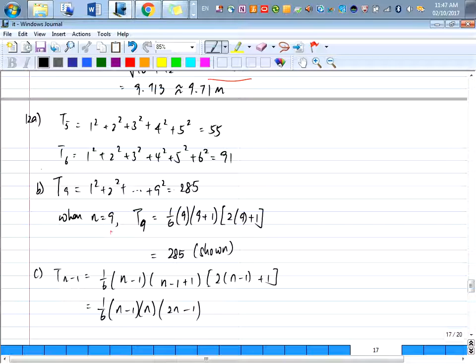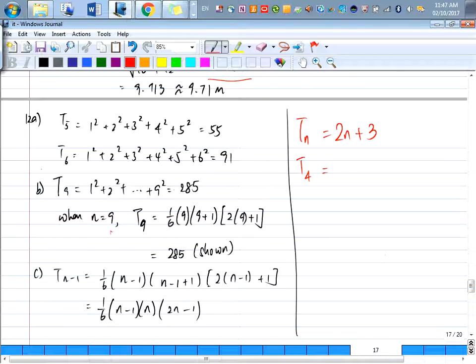Alright, now part C, write down Tn minus 1 in terms of n. Let's not overcomplicate things. I give you an example. Tn is equals to 2n plus 3, for example. How do I find out what is T4?